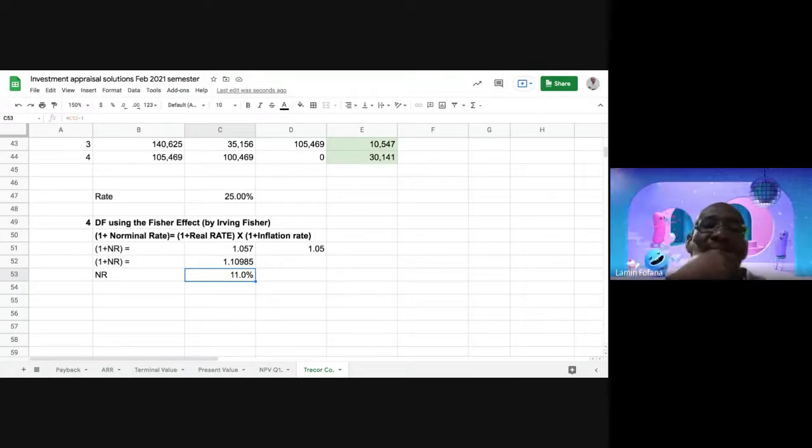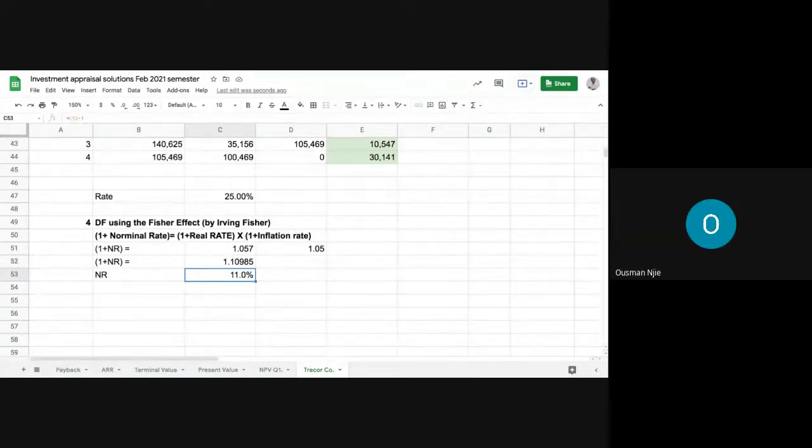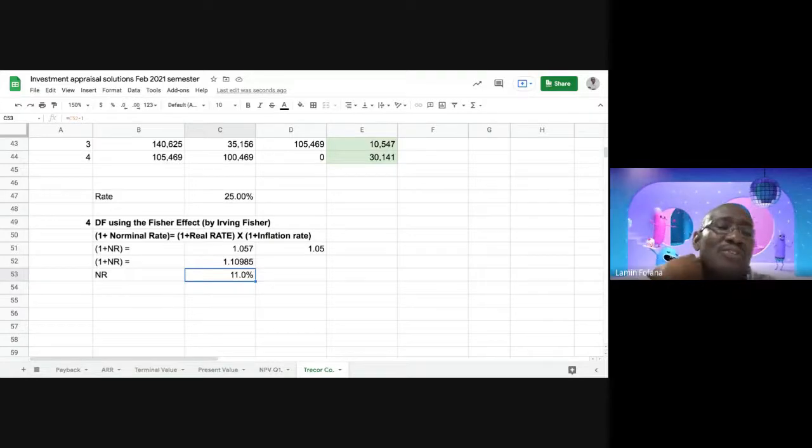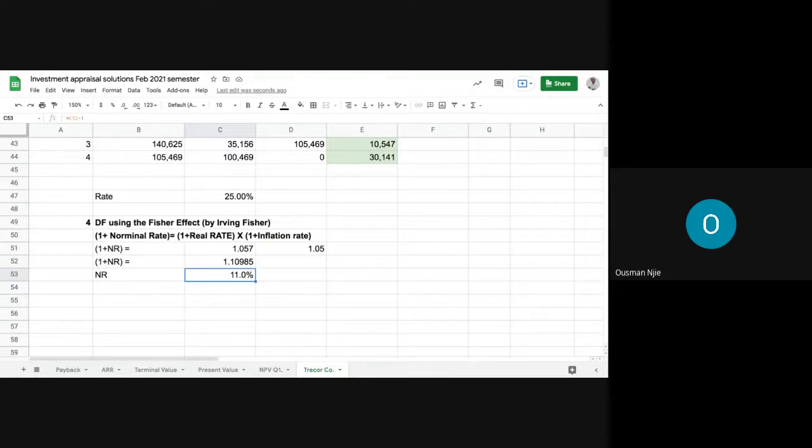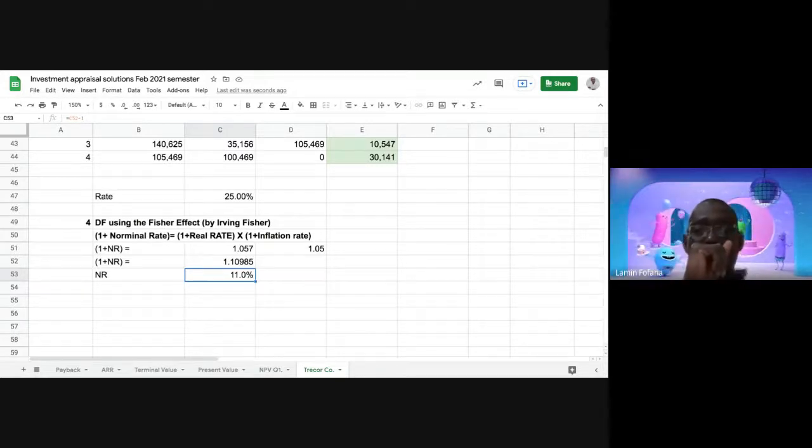Yes, you just put 1.10985 minus 1 on the calculator, that's what we have done, and we express it as a percentage. Exactly, that's what we have done.